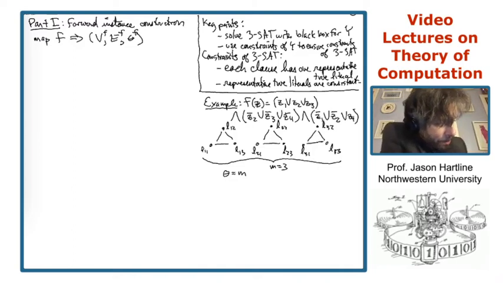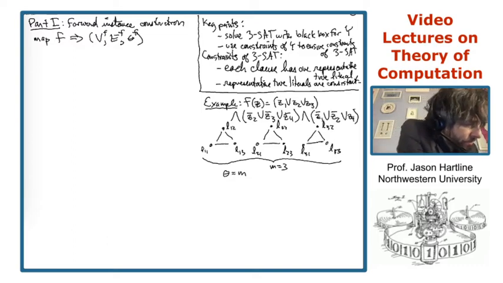And what's my other constraint here? In 3-SAT, representative true literals are consistent. So I need to make sure that I don't select two literals that conflict. Okay, so let's look at our graph and just find two such literals.